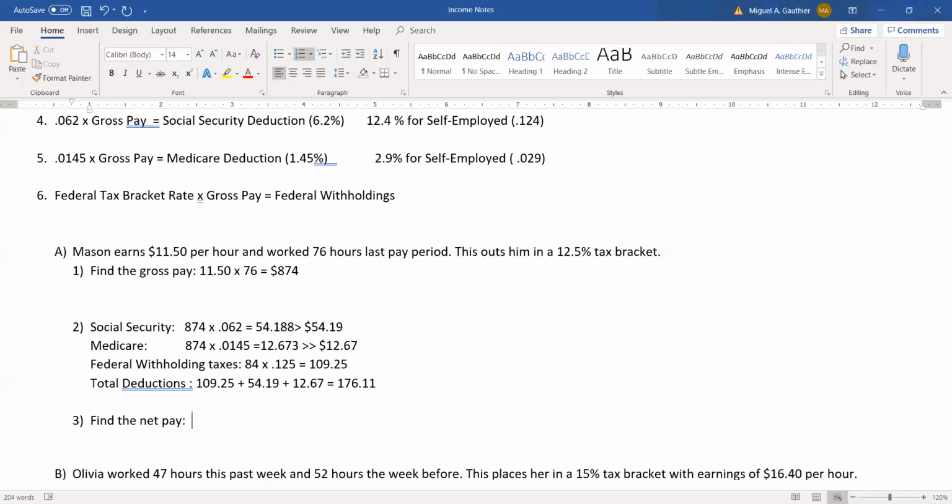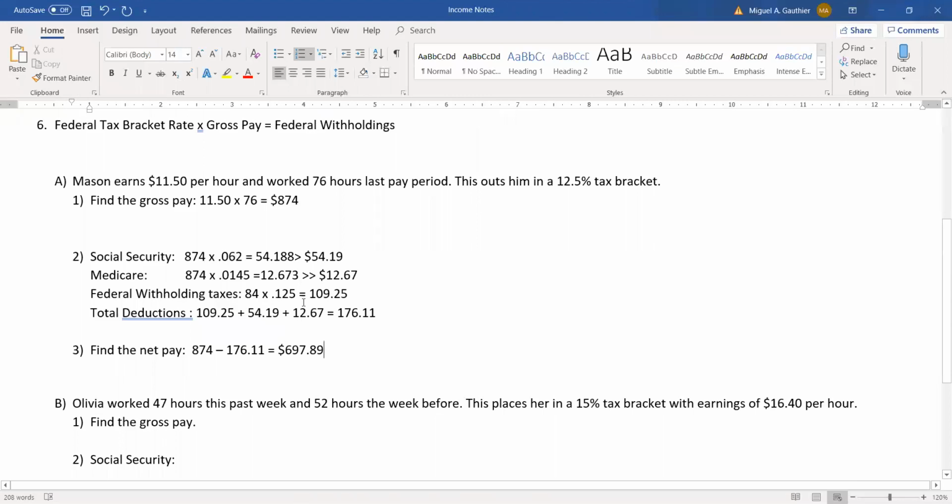So in this case, it was taxes. So let's take the $874 of gross minus the 176.11, and that gives us a take-home pay of $697.89. That's just the basics. So that would be Mason's net pay.